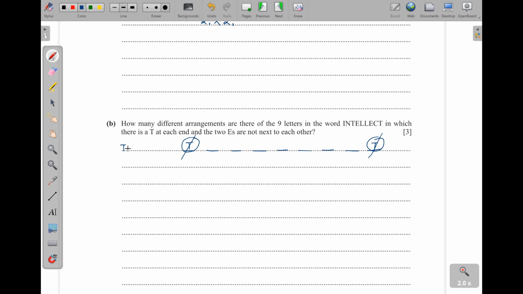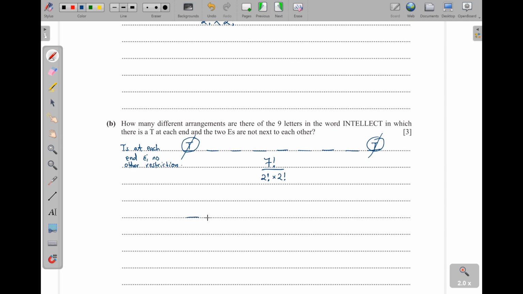So T's at each end and no other restriction. Now, in here, remember they are 9, so minus 2, I will get 7 factorial. Now, the T's are killed, but then we have 2 L's in here, and we also have 2 E's in there. So, that means we are going to have here 2 factorial, and then also 2 factorial.